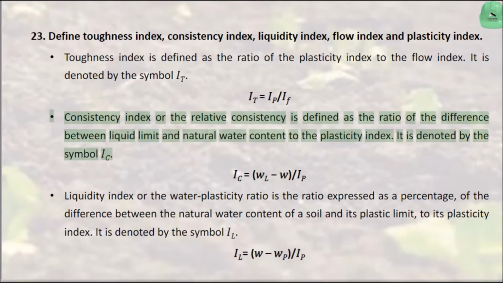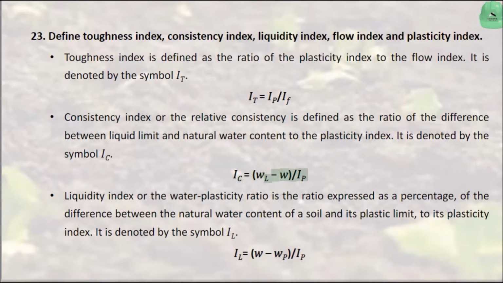It is denoted by the symbol IC, equals (wL - w) / IP.